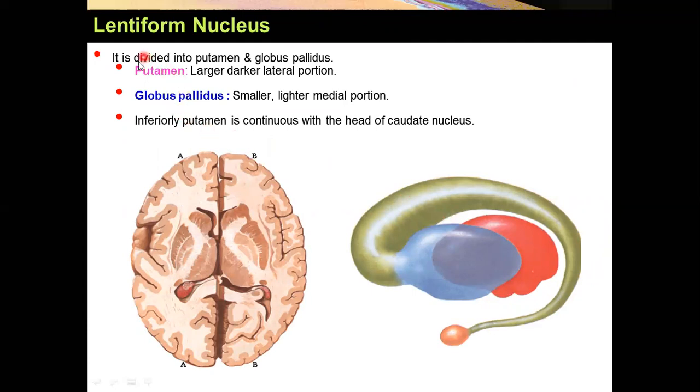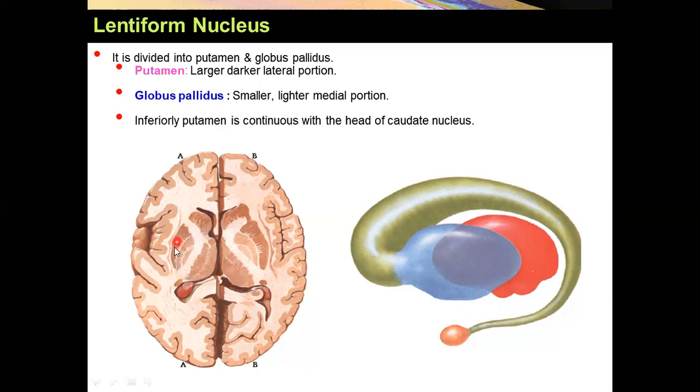We know that the lentiform nucleus contains the putamen, which is this one here, which is the larger, darker lateral portion of the lentiform nucleus. Well, this is the lentiform nucleus again here. The lentiform comes from the lens, okay? And the globus pallidus, this part is the globus pallidus.